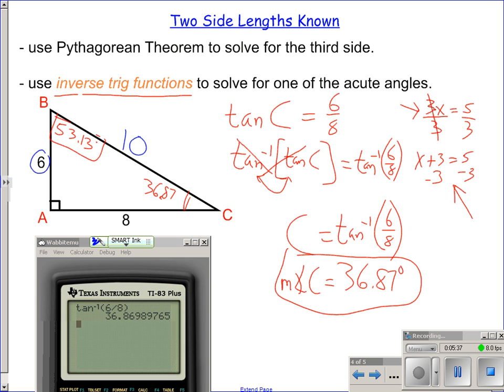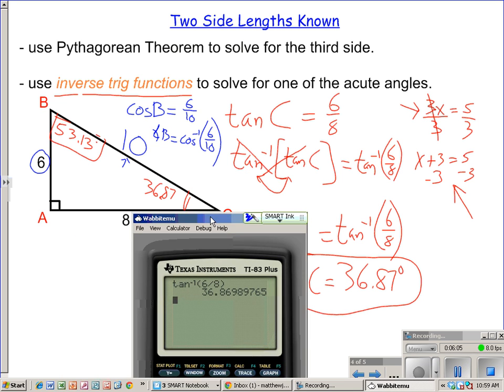I know side 6, and I just figured out the side 10. So angle B in relation to side 6 and 10, 6 is the adjacent side, 10 is the hypotenuse. That's the cosine. So cosine of angle B would equal that cosine ratio, 6 over 10. So that means angle B is going to be the inverse cosine of 6 over 10.